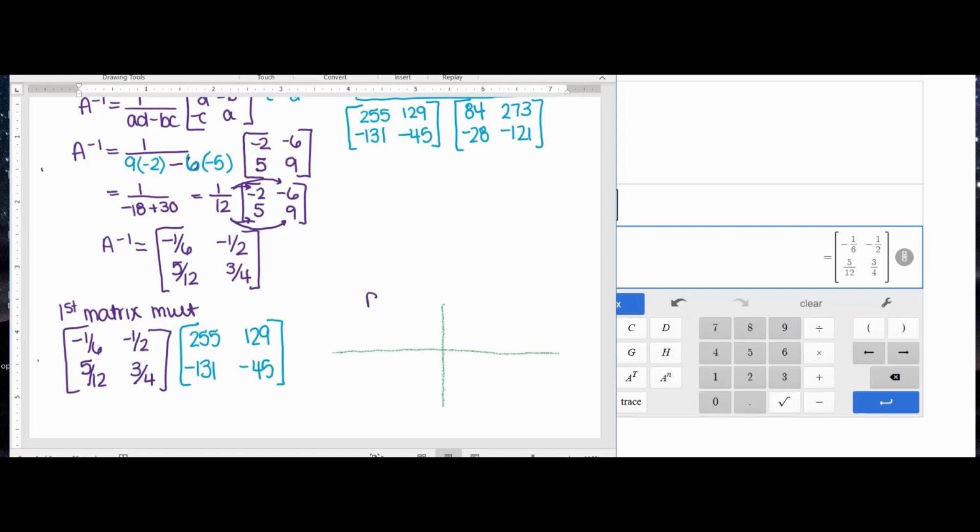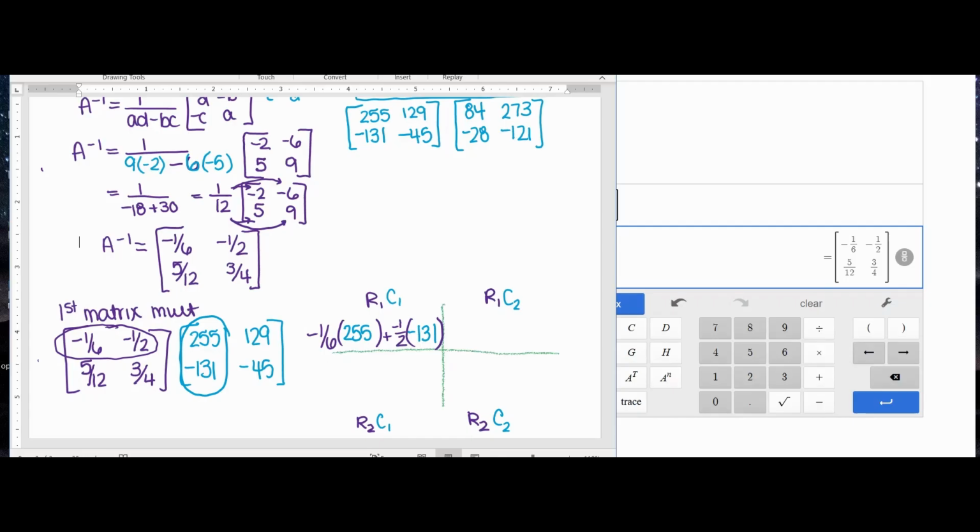Labeling, the top would be row 1. The bottom is row 2. And then labeling the columns, we have column 1 and column 2. And this just tells us how to do our multiplication. So in the top left corner, we're going to take our row 1, that negative 1/6 plus negative 1/2, and multiply that by column 1, 255, negative 131.